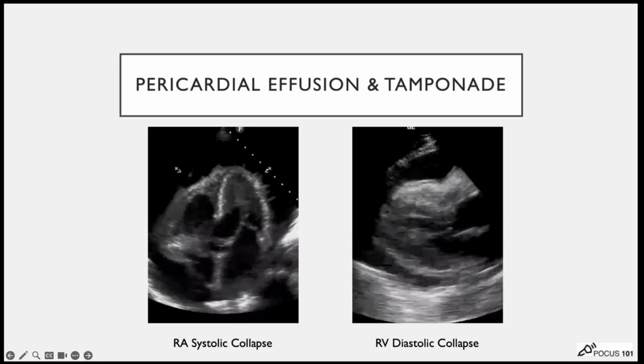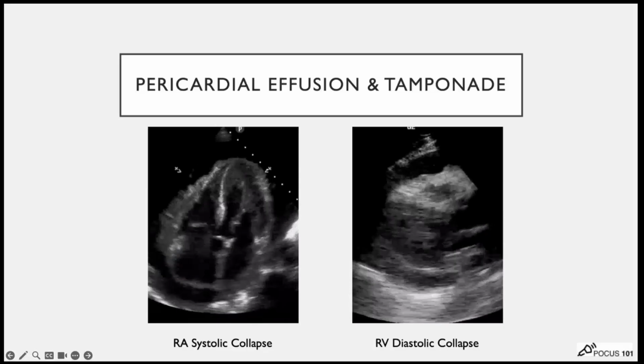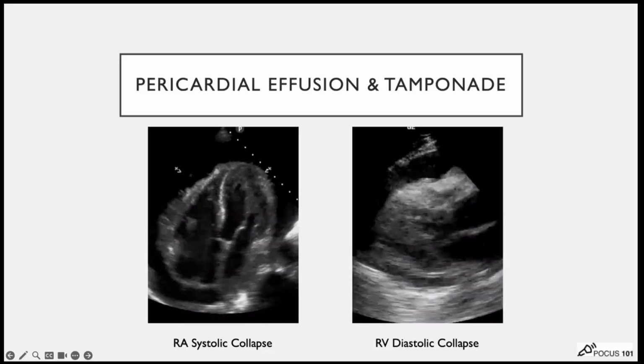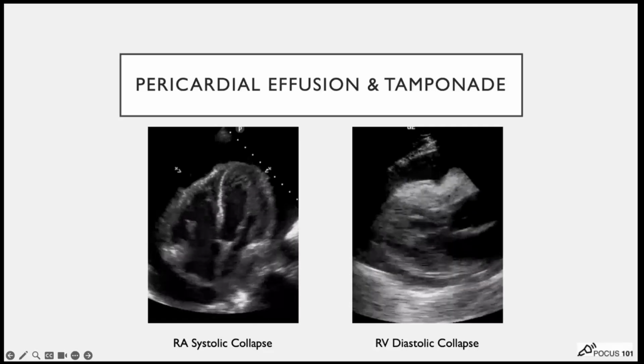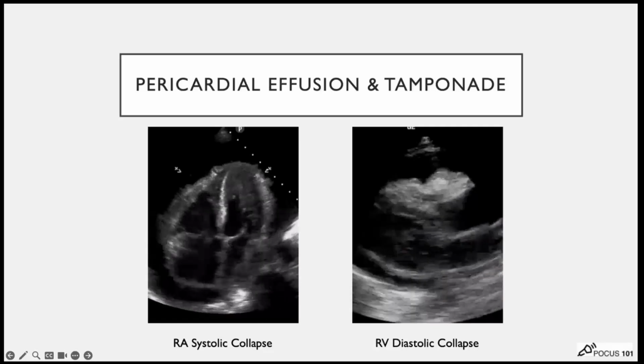The first and earliest sign would be right atrial collapse, which is seen on the left side of the screen. On the right side of the screen, you see something called right ventricular diastolic collapse, and this is a later but more specific finding of cardiac tamponade.